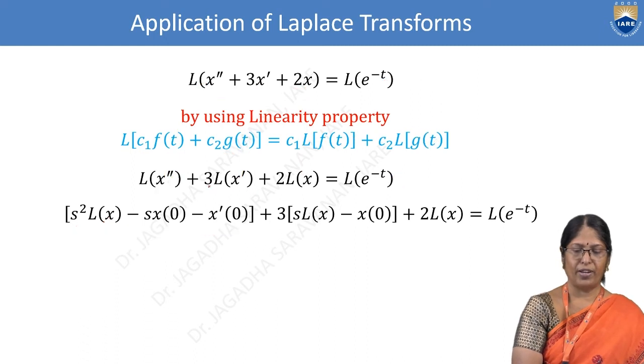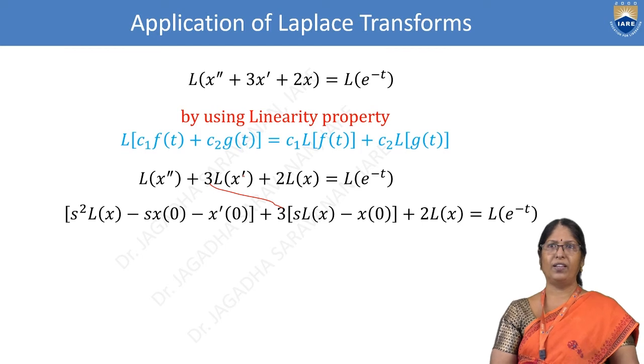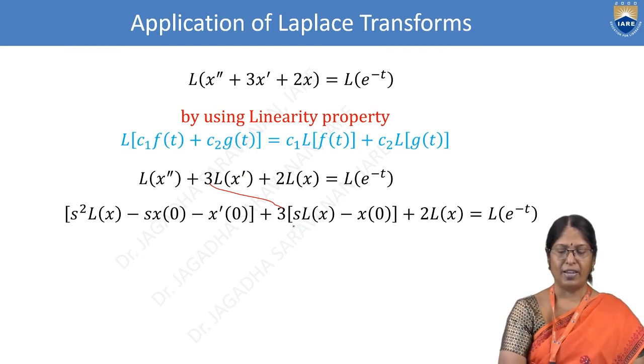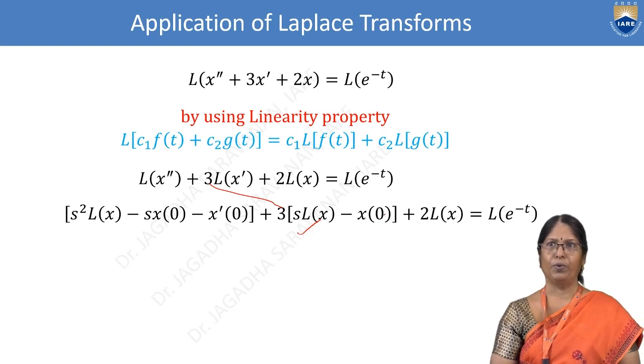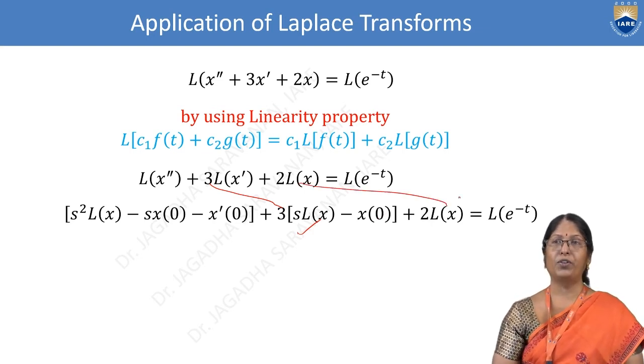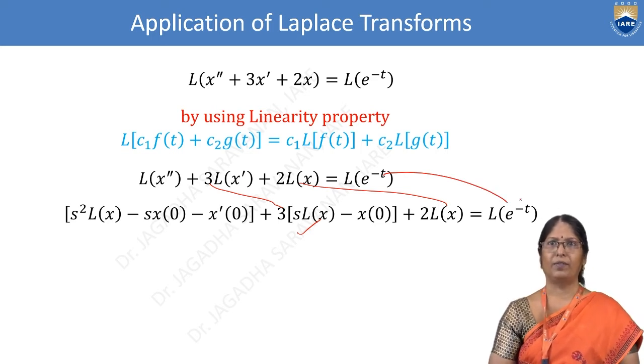Next, this 3 stays as it is. Here the first derivative is there, so we start with s: s into L of x minus x of 0, plus 2 into L of x, equals L of e power minus t.